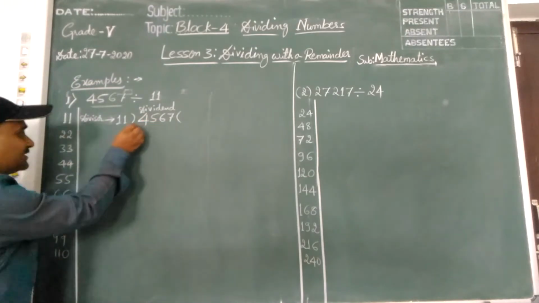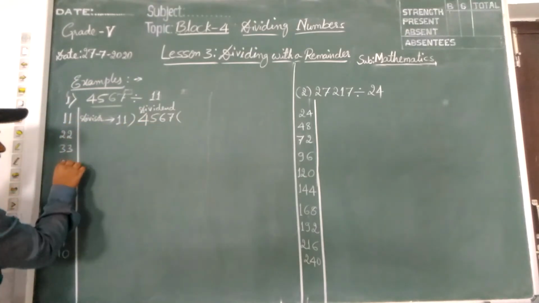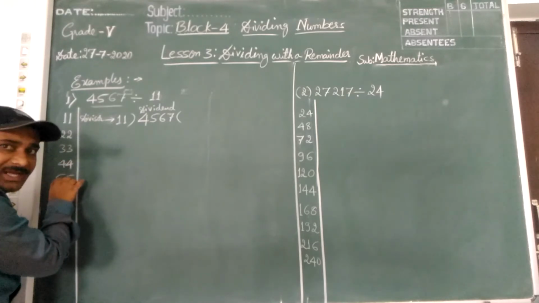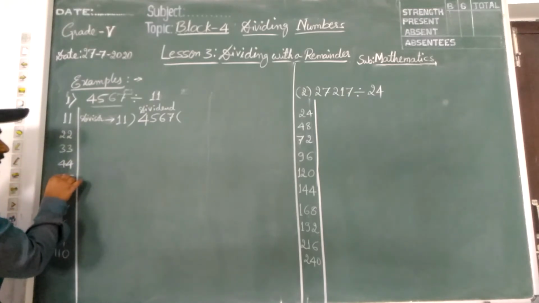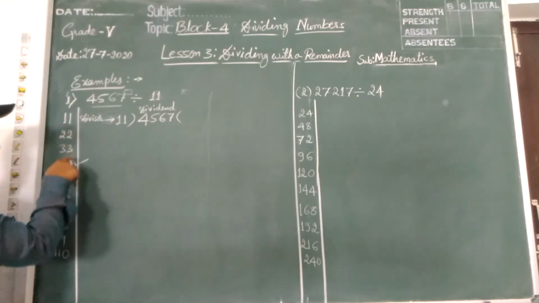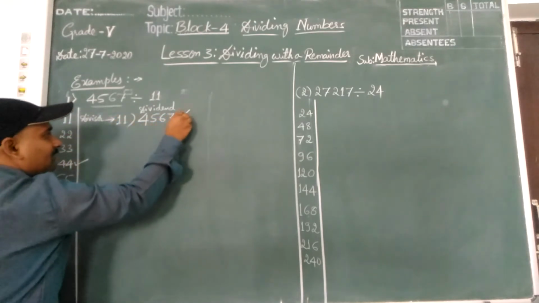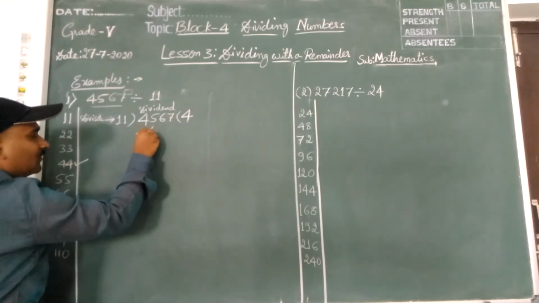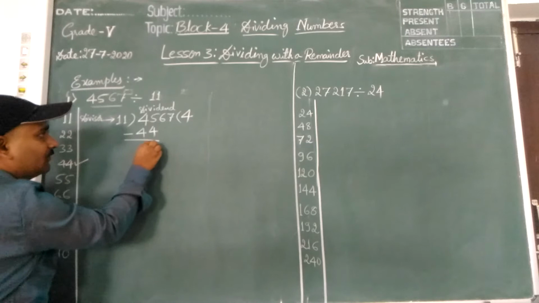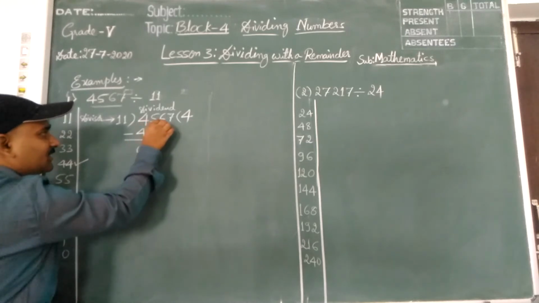45, where does it come in the table, look here. 44, 55 will be a bigger number. So we'll take 44. How much? 11 4s are 44. Subtract 45 minus 44. 5 minus 4 is 1, 4 minus 4 is 0.